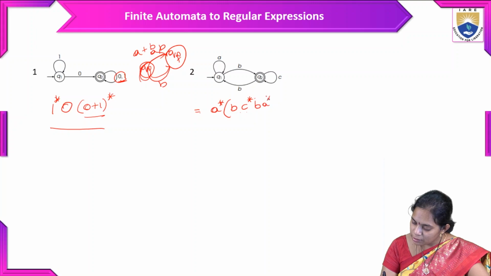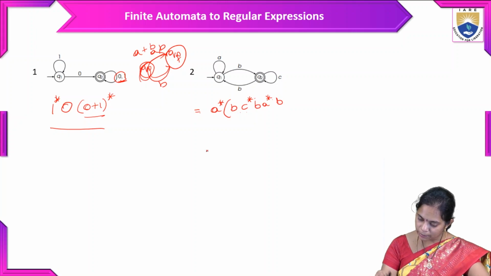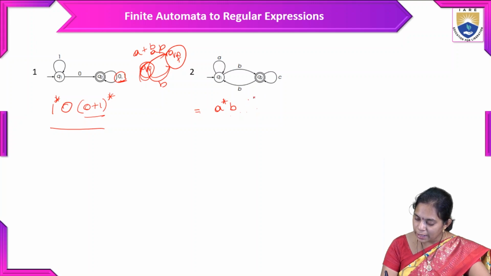A star C, B it is reaching the final state. So I will write it one more time. A star B, it is reaching the final state, and also we have C star. Initially we have B, sorry.